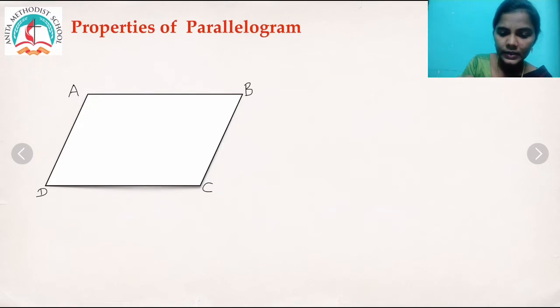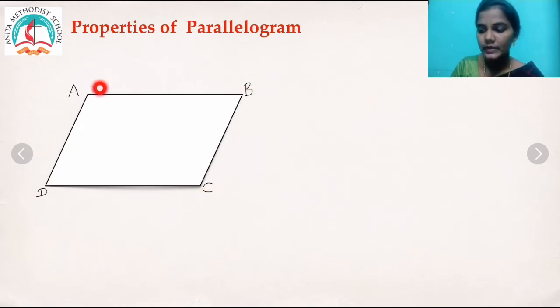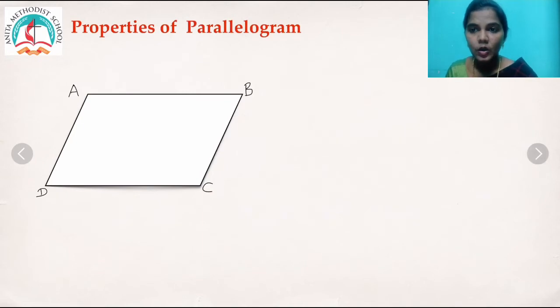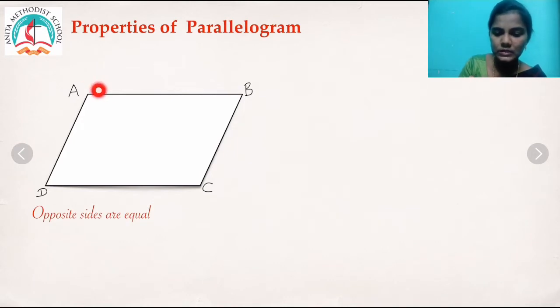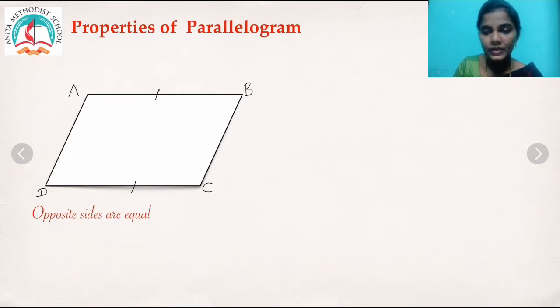So my next property is opposite sides are equal, that is AB is equal to DC, that is CD. I can write that as AB is equal to CD.